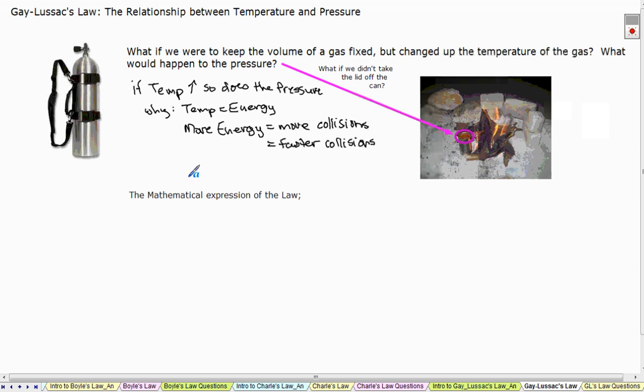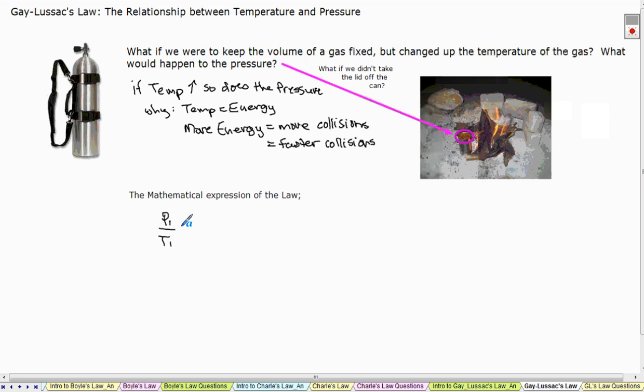So what does the mathematical relationship for temperature and pressure look like? Well, it's very similar to what we saw with the relationship in Charles' law. Here we have pressure and temperature, and because they have what we call a direct relationship, meaning as temperature increases, so does the pressure, they're directly proportional.